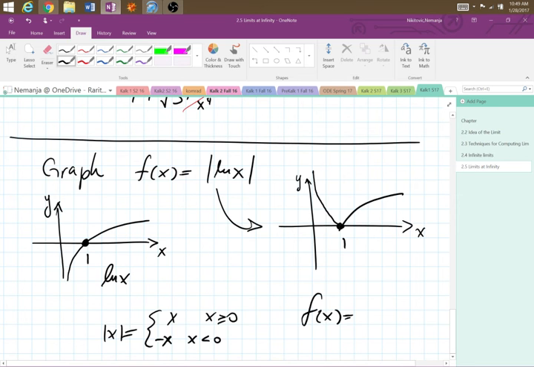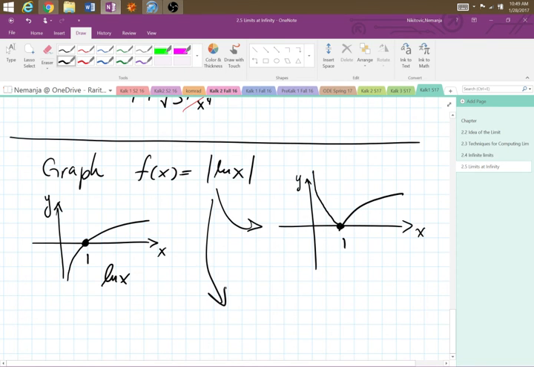So how would that look for ln, absolute ln x?